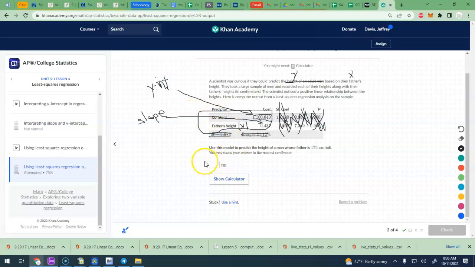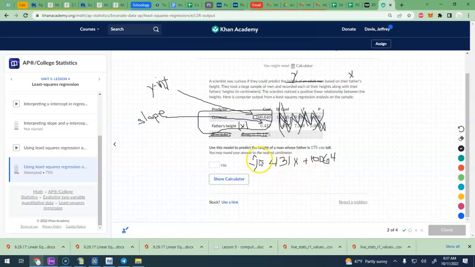So if I were to write out this equation, it would be y hat equals 0.431x plus 100.6. This is painful, I'm sorry. You know what I mean, I think, right?